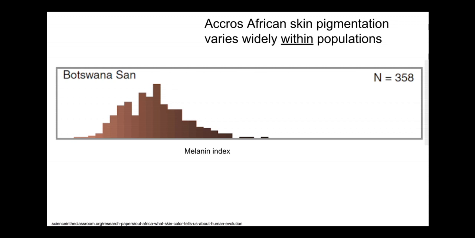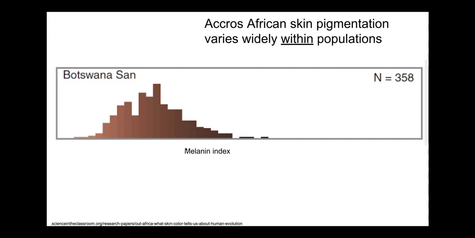Within Africa, we often talk about Africans having dark pigmentation or being black, but if you actually take some observations, or in this particular study highly quantitative observations, using a light meter to measure what's called the melanin index, you can see that within a single population in Africa, in this case the Botswana San, there is a wide amount of variation.